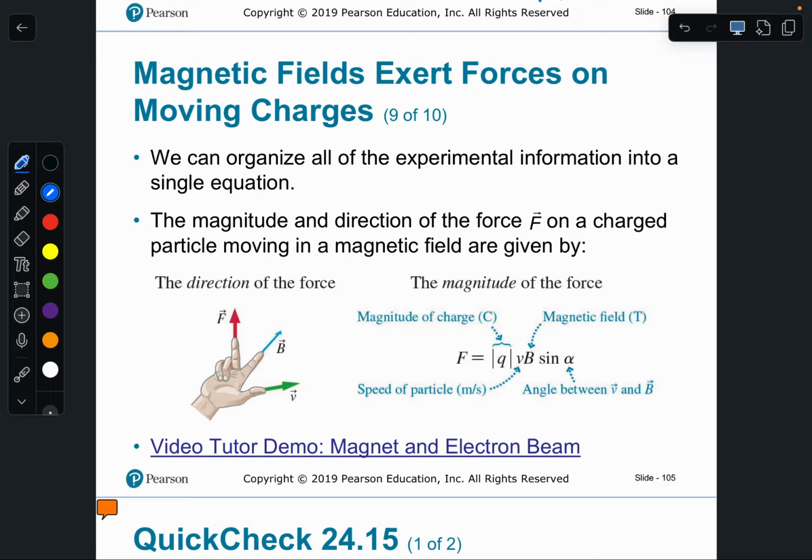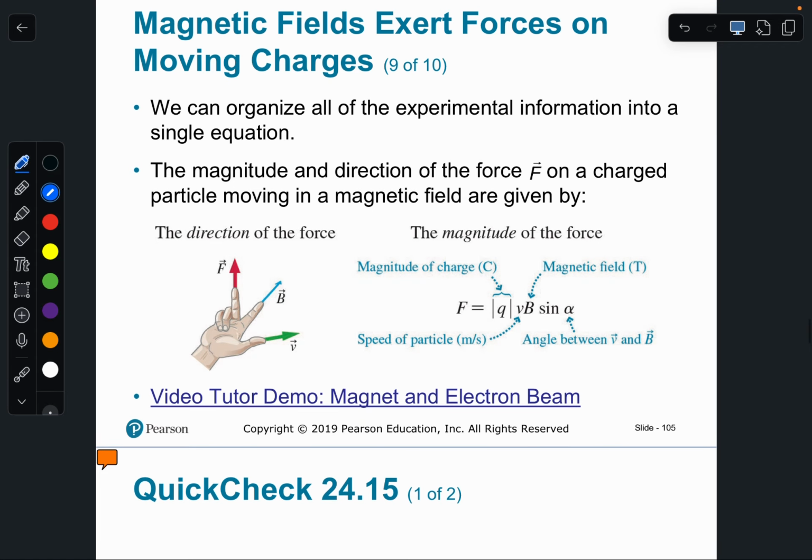Okay, so the angle between V and B, just as a reminder, the way that you determine an angle between two vectors is you put them tail to tail. So V and B need to be sitting tail to tail. I think most of the pictures will be like that.